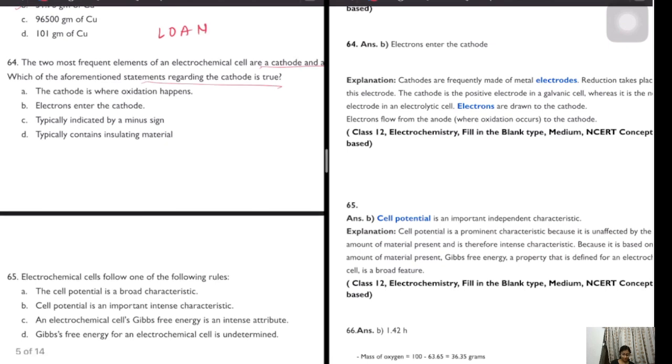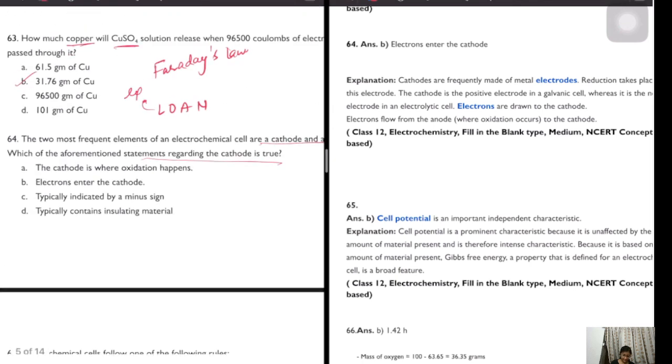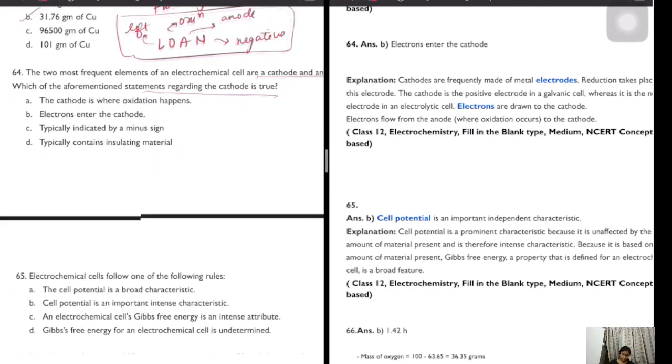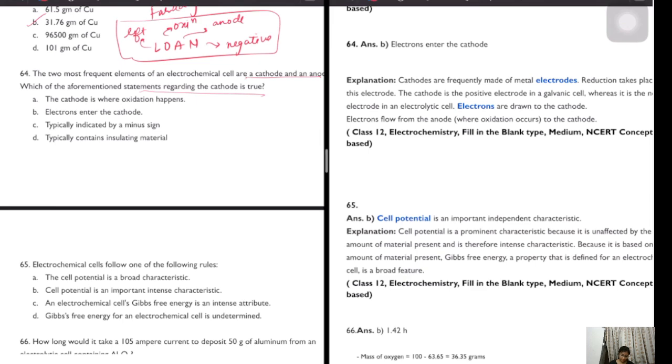LOAN, which says left side, oxidation, anode, negative. That is, we have anode on the left hand side, oxidation takes place and it is negative. So keep this thing in mind. Now the opposite will be for cathode.